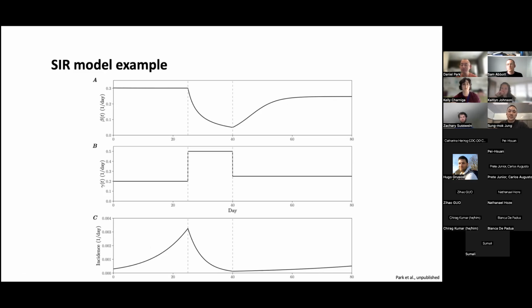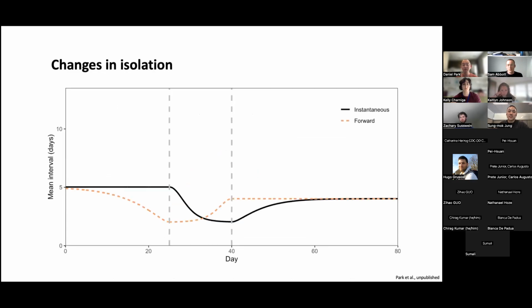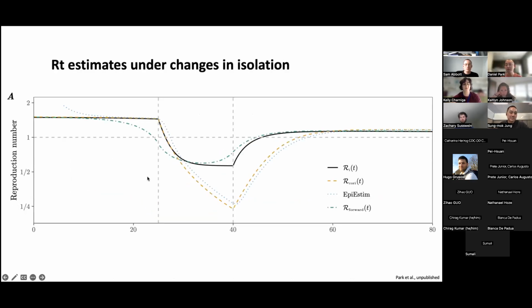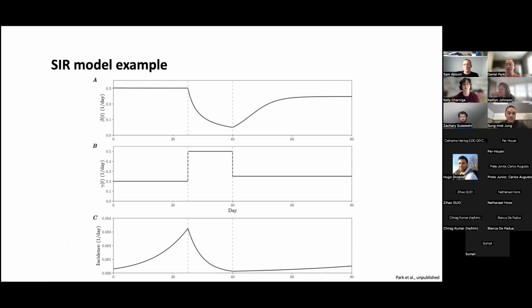But if you focus on the change in reproduction number alone, looking at these two black curves, we would think they're two very different epidemics, but really they're the same epidemic. So let's put a little less emphasis on RT, maybe. Anyway, I'm going in circles.